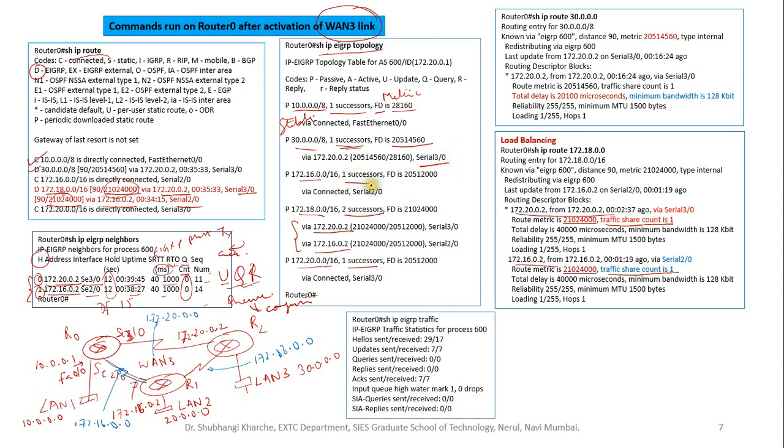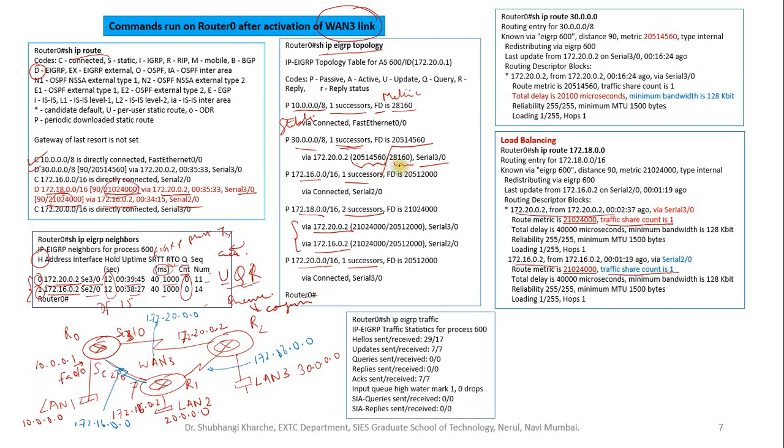It also displays the two different metrics over here, the first metric and the second metric, which are separated by a slash. The first metric is the metric calculated based on the minimum values of the delay and bandwidth, and the second metric is the metric which is advertised by the neighboring peer.